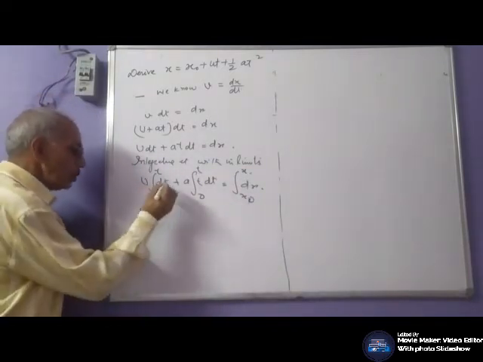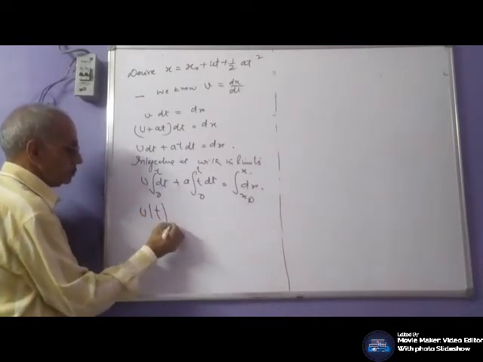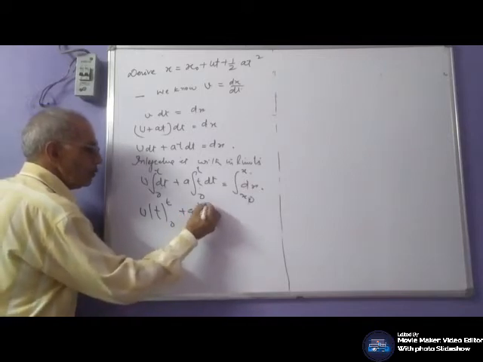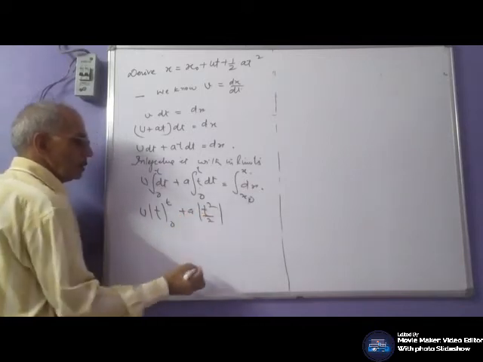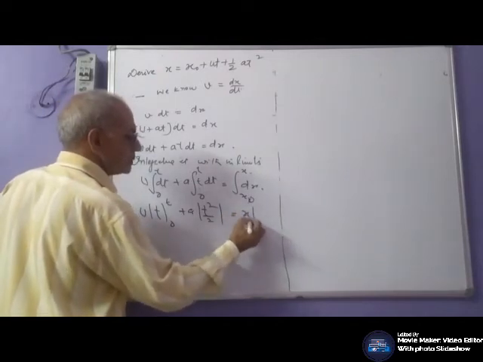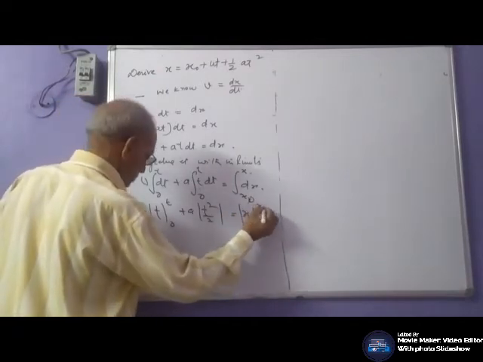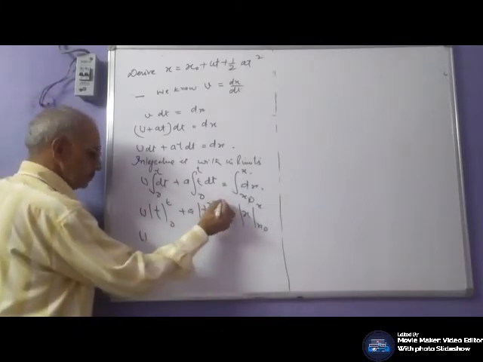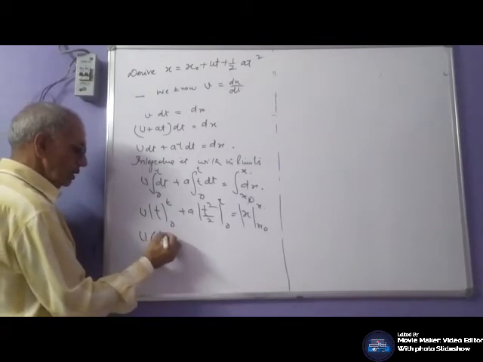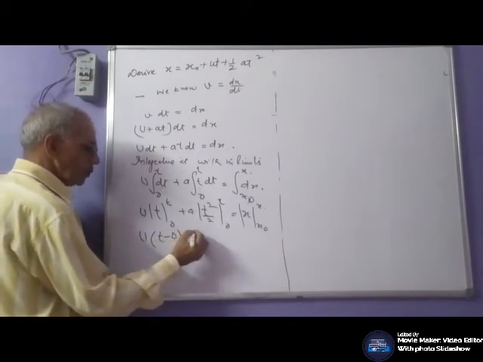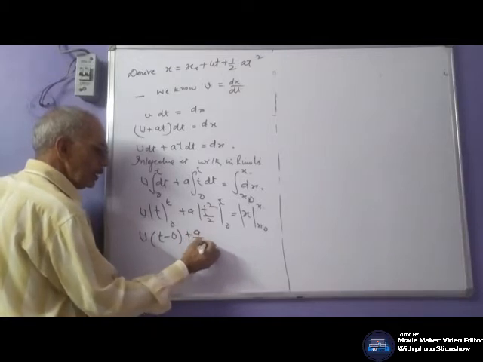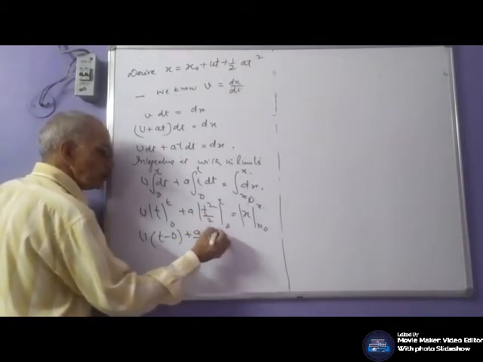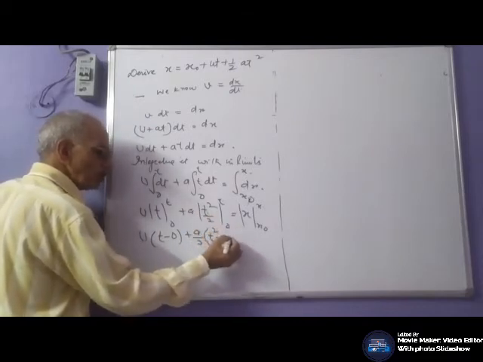Now this is t^0 dt, so t. For a t dt, add 1 to the power. It is x, it is u times t minus 0, a by 2 outside, value of t is t square, value of t is 0 square.